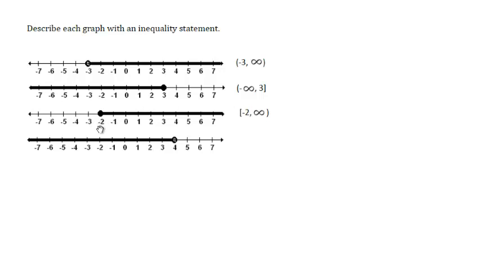The third example, we're going to include negative 2 and go to infinity. So negative 2 included is a bracket, all the way to infinity, parentheses, always used with infinity. And the last one, we're going to come from negative infinity until we get to 4 and not include 4. So parentheses with the negative infinity and parentheses with a 4 to indicate open circle not included in the set of numbers.